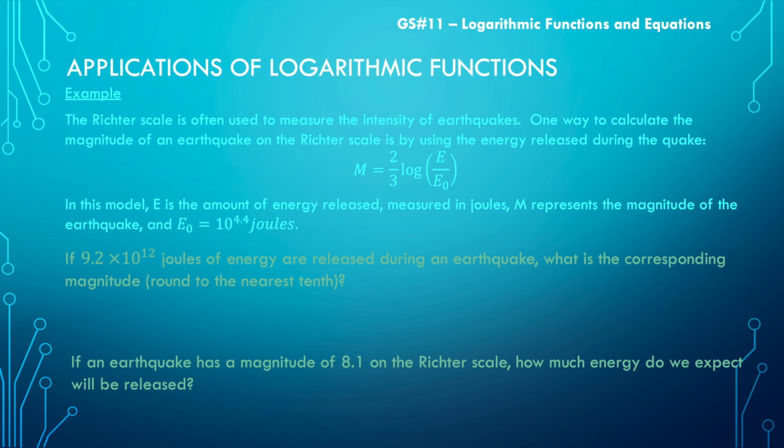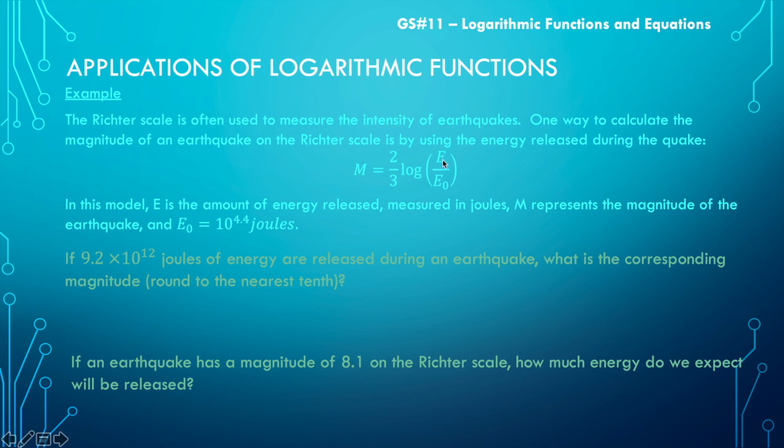So there are various ways to calculate the magnitude of an earthquake on a Richter scale, but we are going to focus on this particular equation, where magnitude is equal to 2/3 times the log of E over E naught.